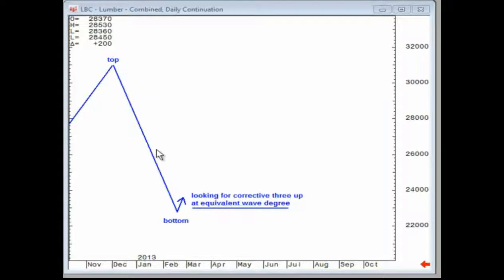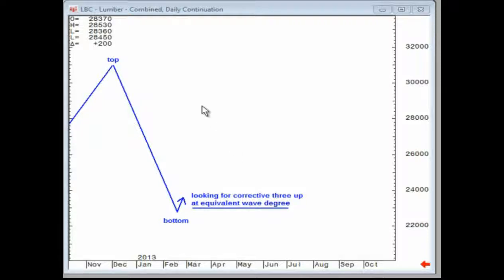For example, if this is the top of the market and we're looking for an impulsive fall in 5 waves, this would be wave 1, and we're looking for wave 2 up as a corrective move. Or maybe this is the top of the market and we're looking for a larger corrective decline as ABC, and the initial 5 down is wave A, and we're looking for wave B up in 3 waves. Either way, we're looking for a corrective rise in 3 waves.